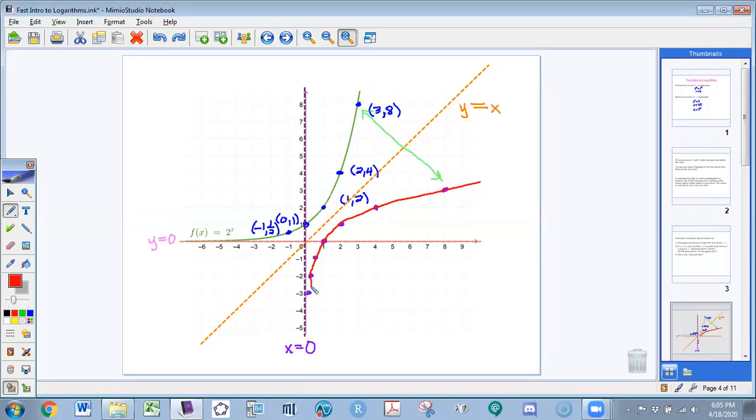And that is also true here of log functions. They approach their asymptote really, really quickly. In other words, for very small amounts of x above x equals 0, you're really, really close to that vertical asymptote. So this is the graph of the inverse here.